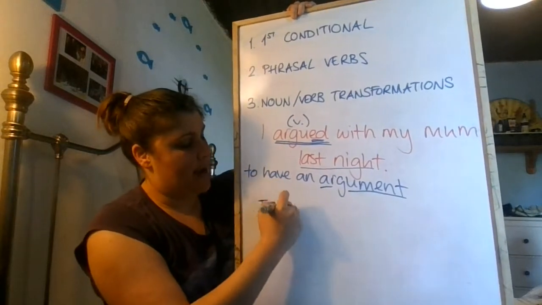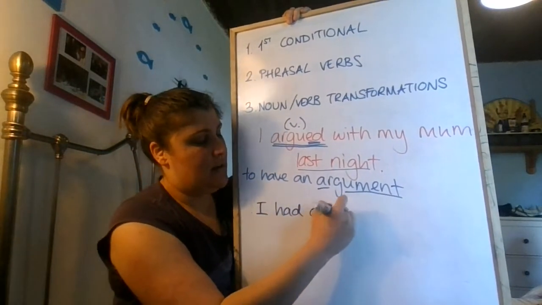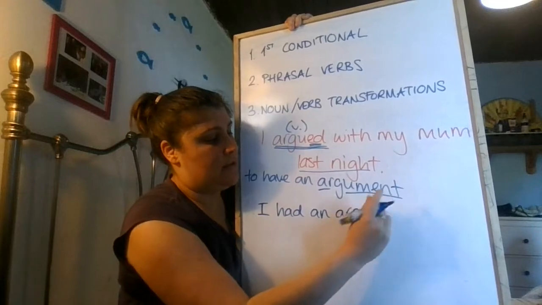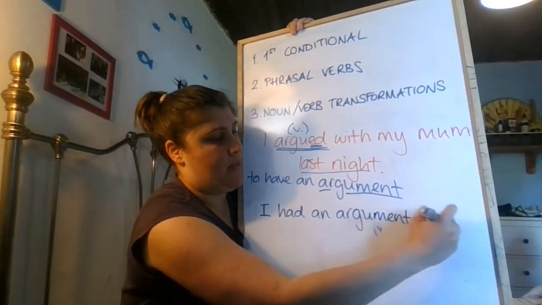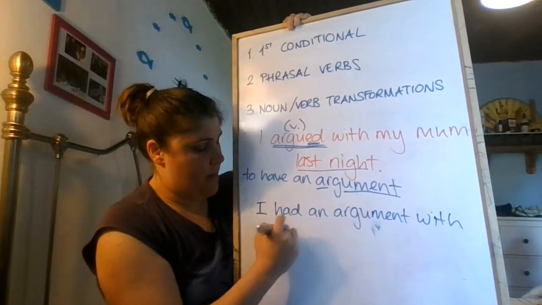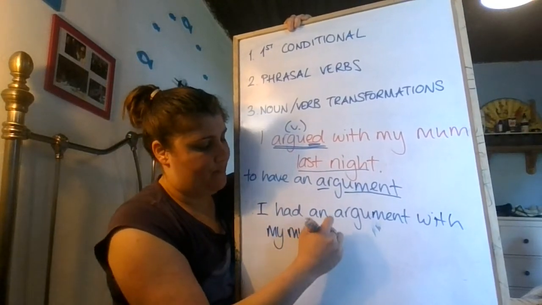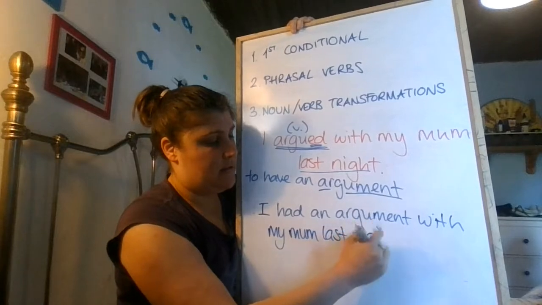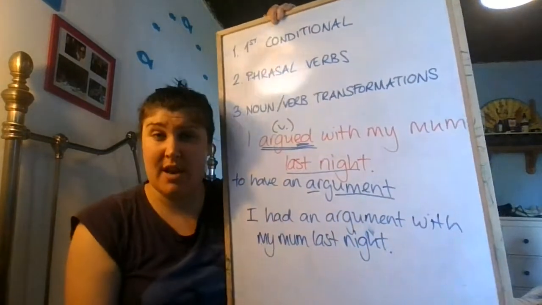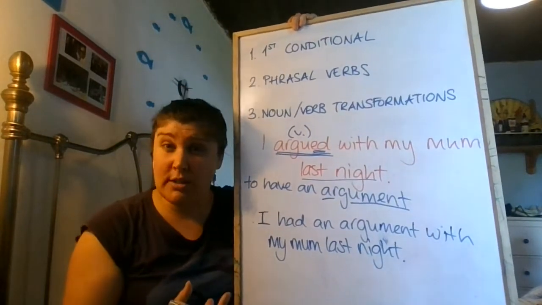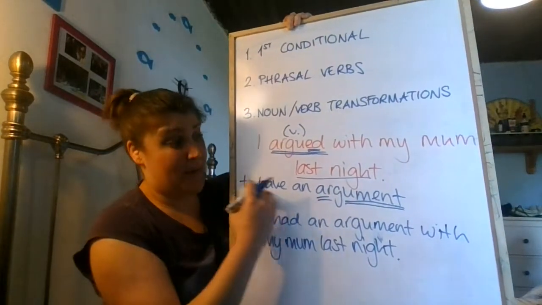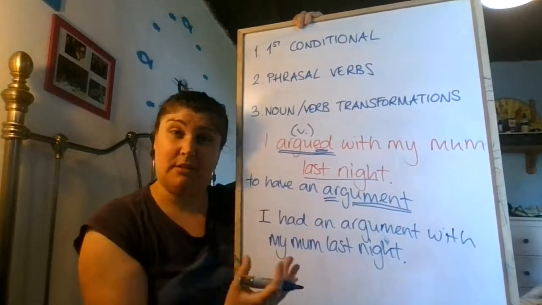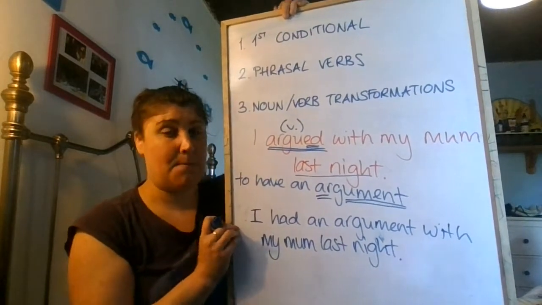So I had an argument with my mum last night. Okay, so remember, it's important with the noun that you know the complete sentence to be able to write this sentence.